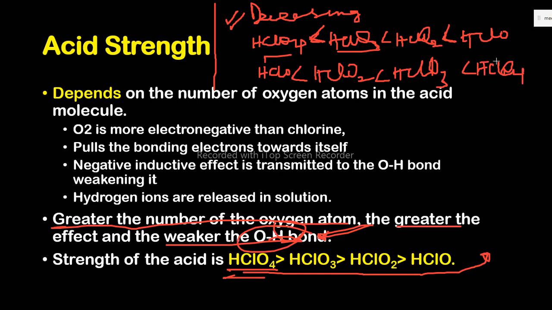Yes, the order is okay, but you are not answering the question. This is the order of increasing acidity, but the question wants the order of decreasing acidity. So still we shall cross you. You are not answering the question. You are answering your own question. Is that okay?